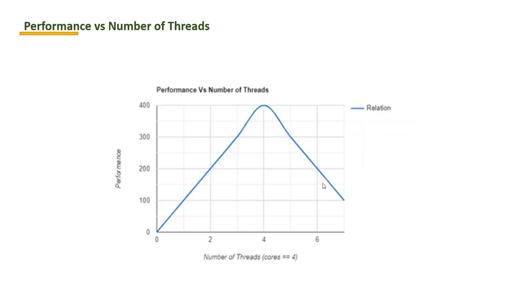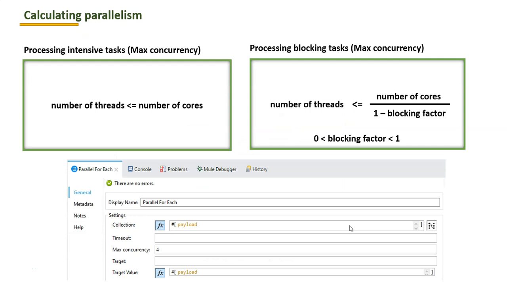So the optimization of max concurrency should follow these rules. For processes utilizing process intensive tasks, the number of threads should be less than or equal to the number of cores. In case of a blocking task, we should calculate using this rule. Make sure we figure out the blocking factor execution time inside it, then the corresponding value can be calculated using this formula.